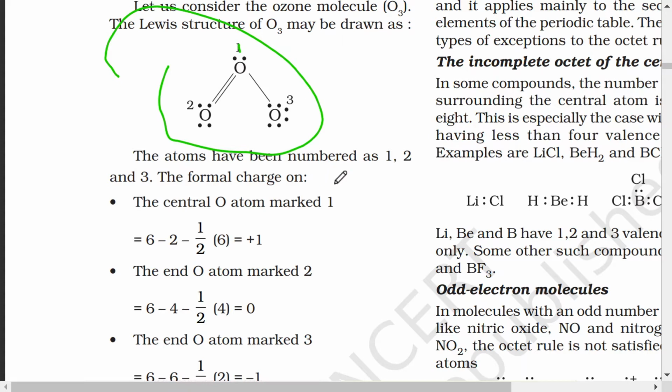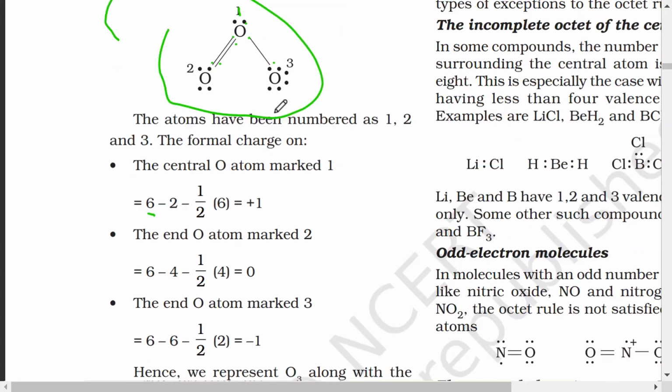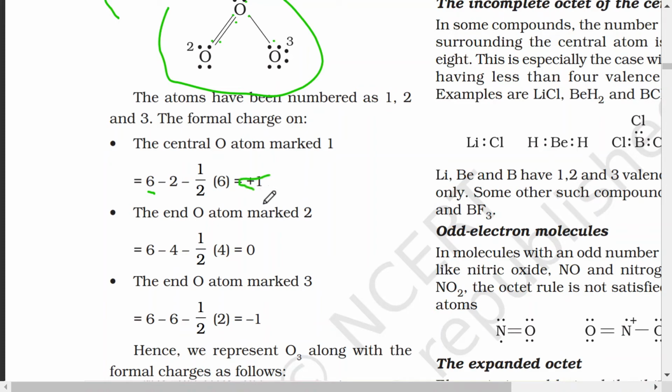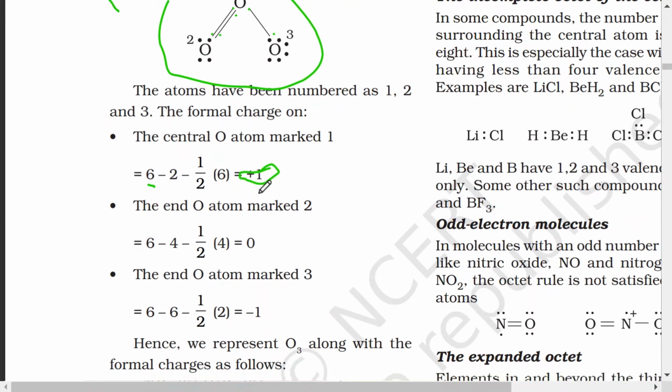To calculate for one, see how many valence electrons oxygen has, 6, minus how many electrons it has in the lone pair, 2, right? So minus 2, minus half of the bonded electrons, so 1, 2, 3, 4, 5, 6, and half of that, right? In this way you can get the answer.